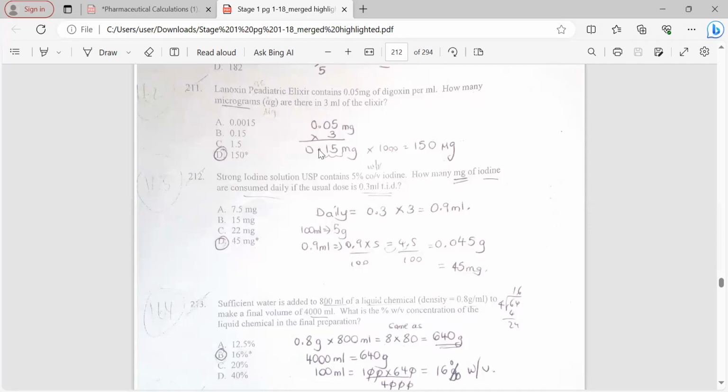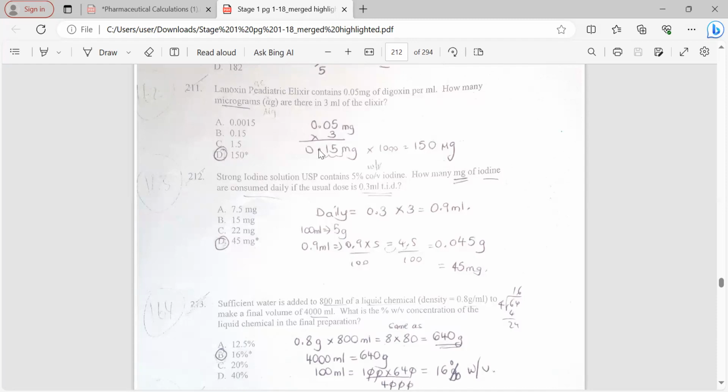Then strong iodine solution contains 5% weight by volume iodine. So how many milligrams of iodine are consumed daily if the usual dose is 0.3 ml TID? So what does TID stand for? Three times. So 0.3 ml times 3. So per day they consume 0.9 ml.